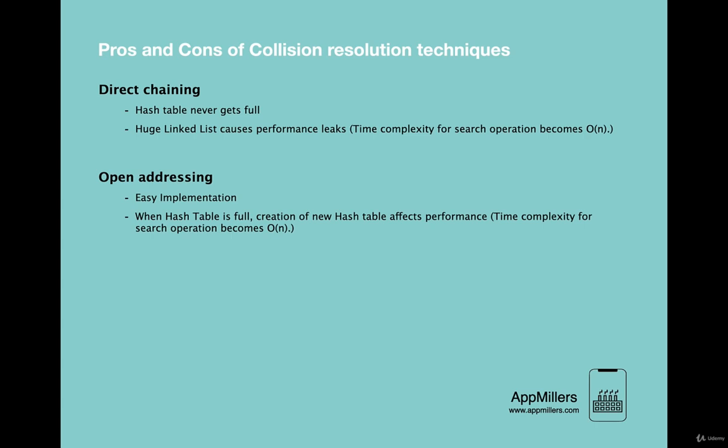Now you might be confused: if both cases have pros and cons, and after some time in both cases the time complexity becomes O(n), which one should we use? The answer is very simple: if the input size is known, then we always use open addressing. In this case, we don't need to create a new hash table, which is a very time consuming operation.